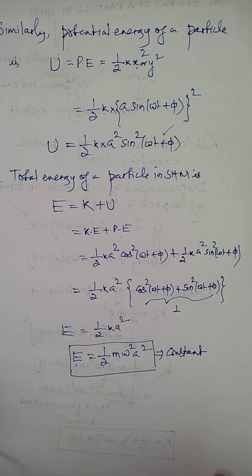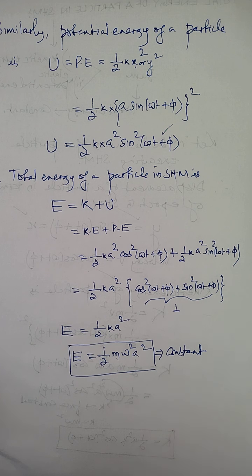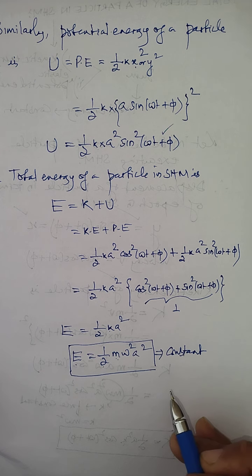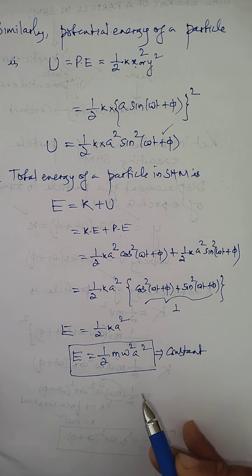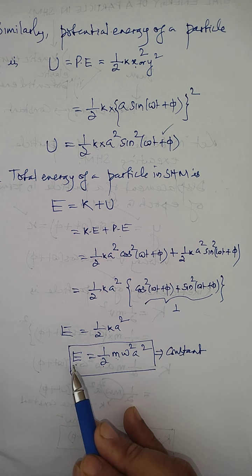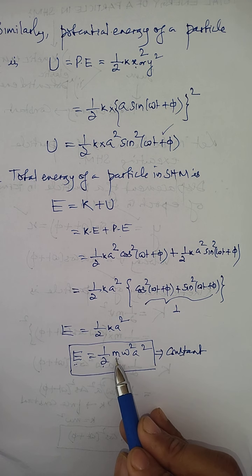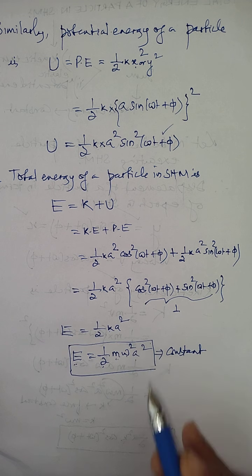The total energy, also called the mechanical energy in simple harmonic motion, always remains constant. So energy conservation is valid even in simple harmonic motion, and the total energy at any position of the particle is E equals 1 by 2 m omega square A square.